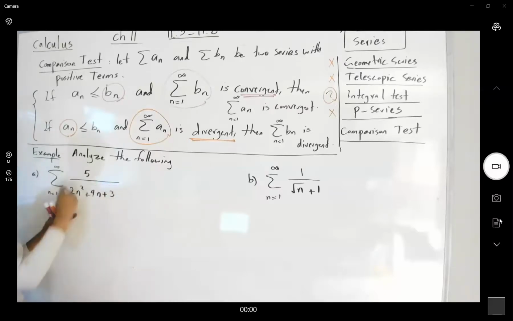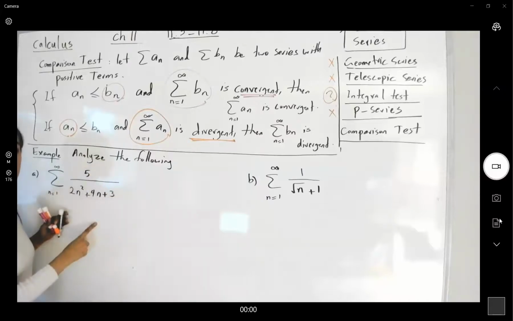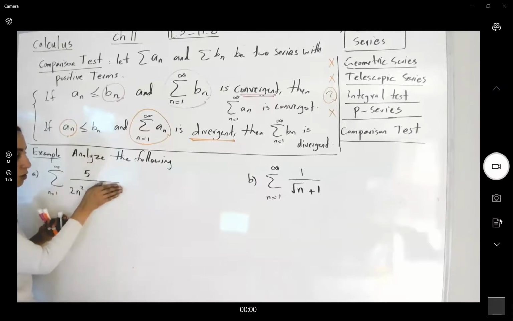Keep that in mind. You have a complicated series. On the denominator, you have a quadratic expression. Ignore the linear part. What's left? You have 5 divided by 2n squared. So it seems like you can use a p series, which is a known series, for comparison.